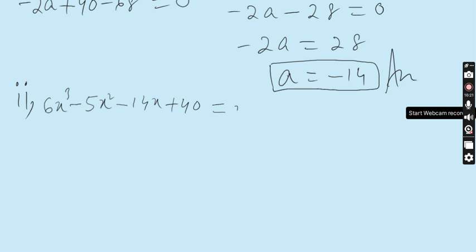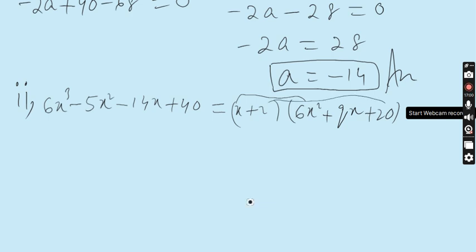So our factor is x plus 2, and what we have to put over here so that we will get 6x cube? If I write 6x square, and 6x square multiplied by x is 6x cube, plus qx, and we have to obtain 40, so we must put 20 over here, because 20 by 2 is 40.